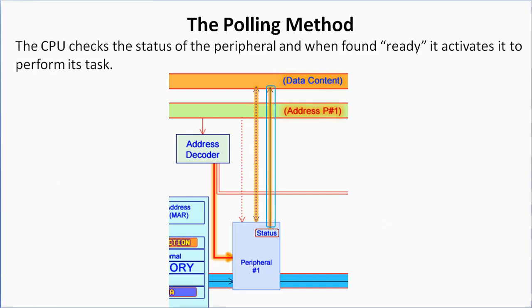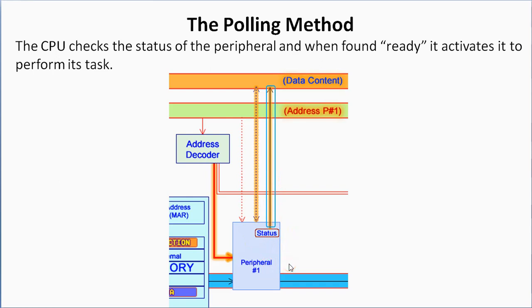So before the CPU can send or read any data to or from the peripheral, it first must ensure that the peripheral is ready or available or functional. Hence, there is a need for the peripheral to produce status information on some status signals which the CPU can read in order to determine its status.